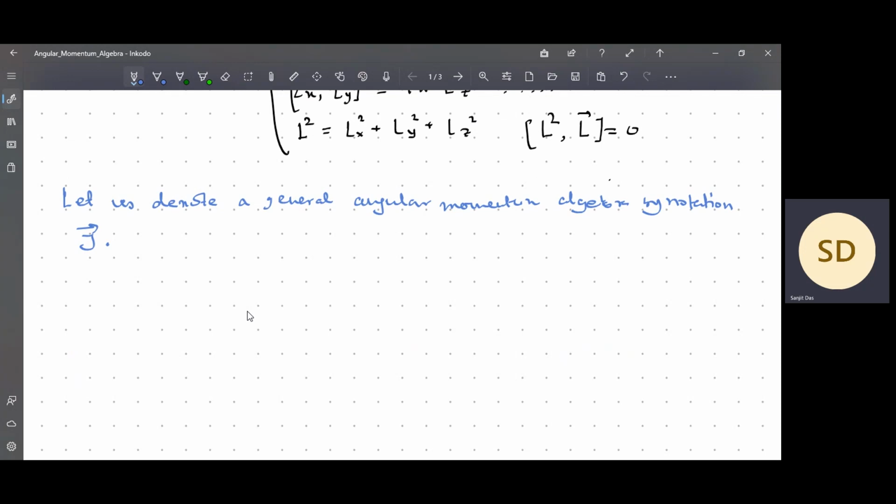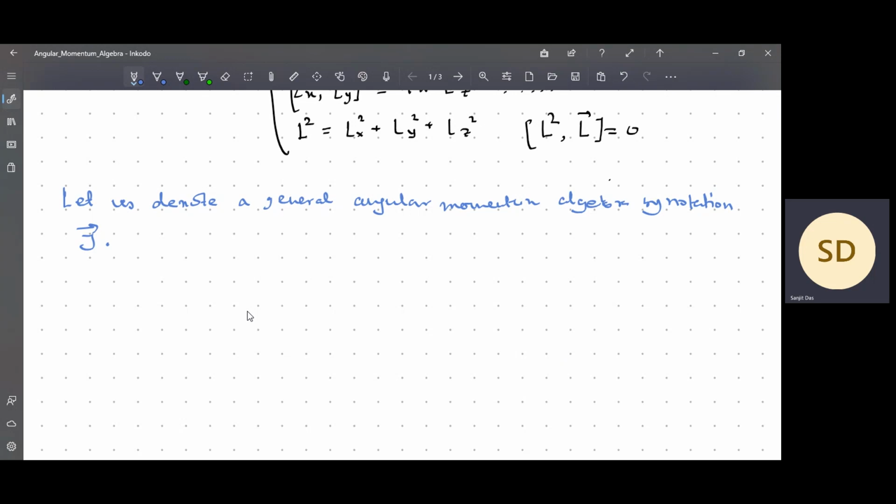But for the time being, you should understand that there is not only the orbital angular momentum, there is another kind of angular momentum which also satisfies this algebra, which is related to spin. When we discuss spin, you will understand. For the time being, we will have a bigger umbrella or bigger set, and that kind of angular momentum we will call J, which also satisfies the same relation.